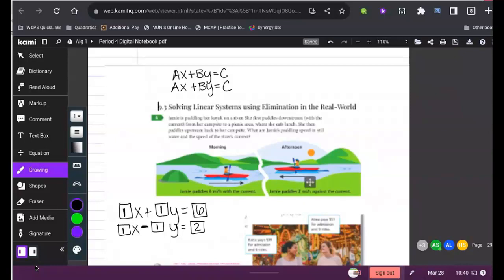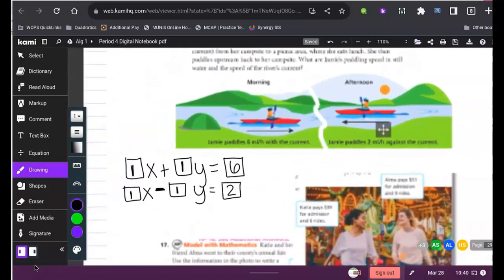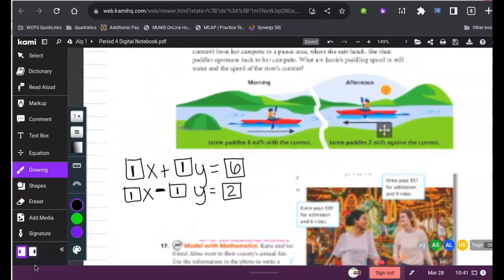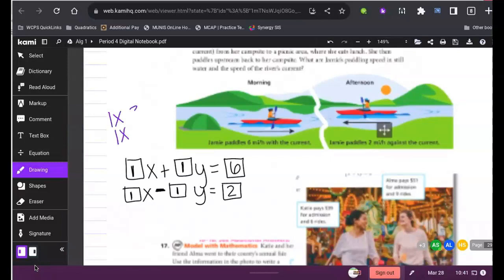So now this is the system that we're going to solve. Reviewing page 37 notes and page 36 notes, we have 1x and 1x. They have the same sign, so we're going to subtract our equations to solve.